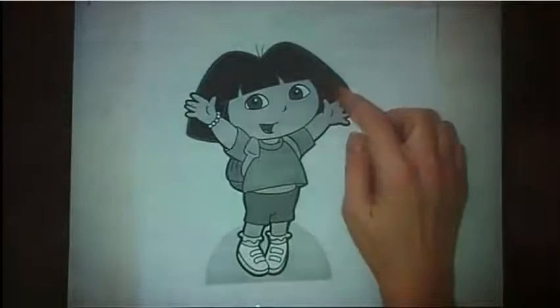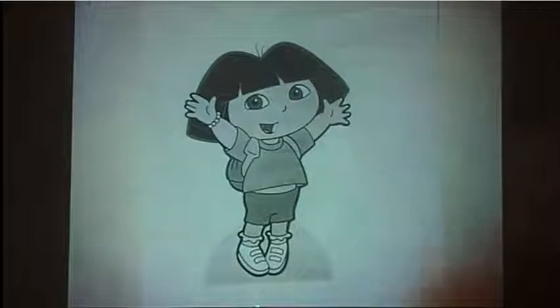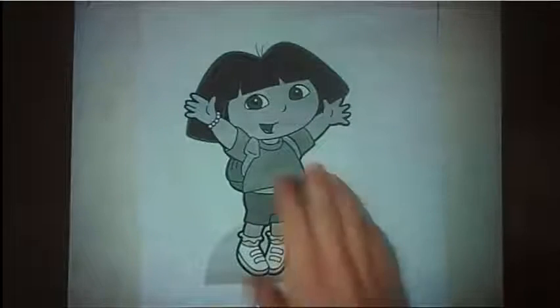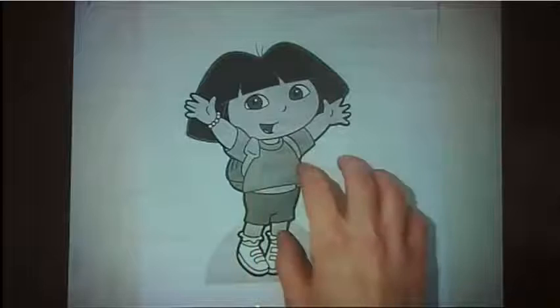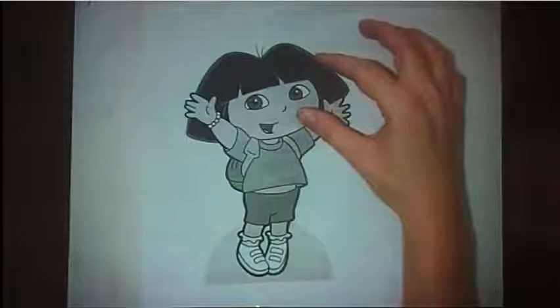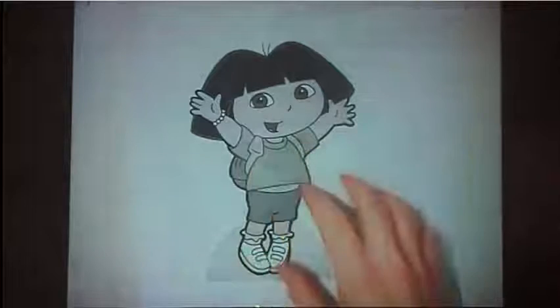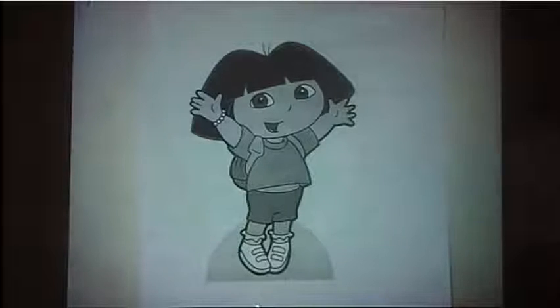Her head is just not proportional to the rest of her body. So as her body doubles, I think her head maybe triples or quadruples. So not proportional. Proportional relationships, as one aspect doubles or triples, so does the other aspect. And with her, it's just, she's nice and all, but she is not proportional.